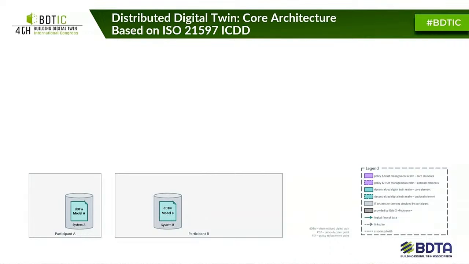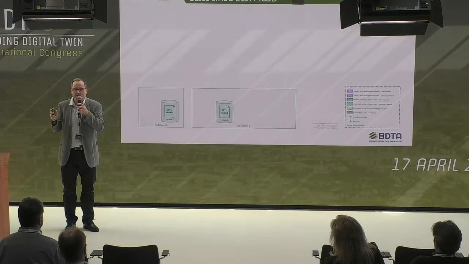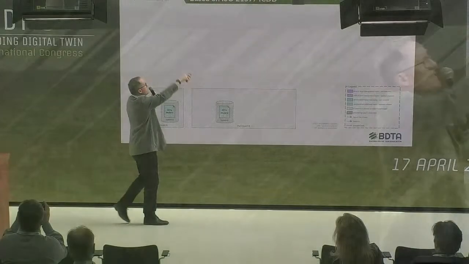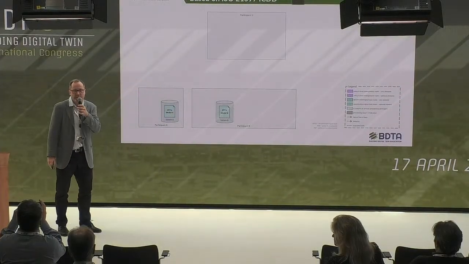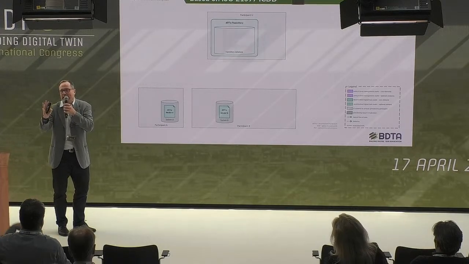If you think about the dozens of different players, actors, many different professions and data types, how the hell would we be able to come up with a generic way to orchestrate, formulate, define those digital twins? And there we turned to the ICDD standard, which is the information container for linked document delivery. And we generalized that.